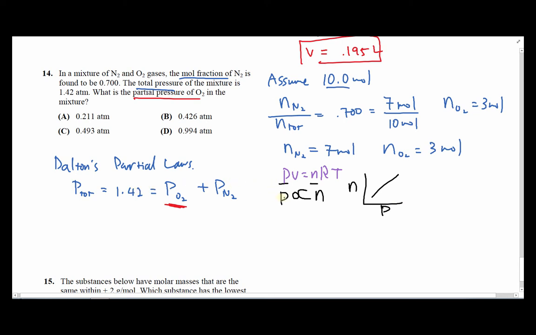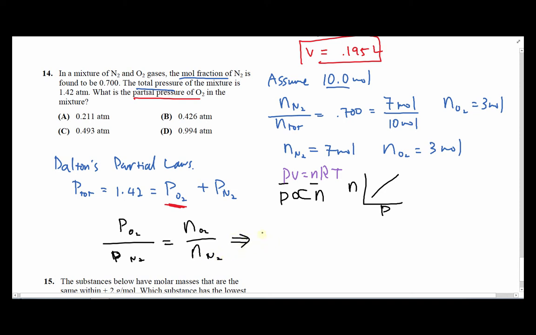Because I know that they are directly proportional, and I'm looking for the oxygen, I'm going to have P of oxygen over P of nitrogen. Now I can get the partial pressure of nitrogen by subtracting the oxygen from the total. So let me write that step by step. I want the n of oxygen and the n of nitrogen.